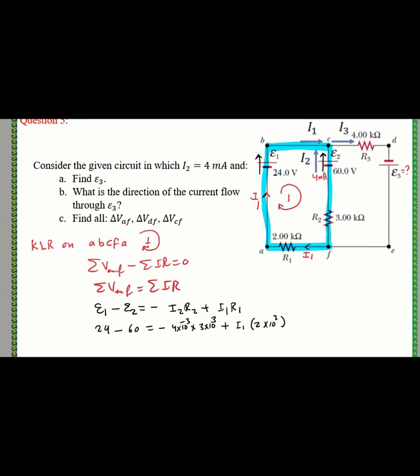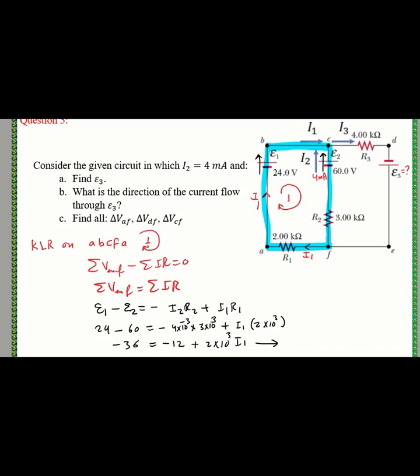Now solve this equation. 24 minus 60, it is minus 36. 10 to the power minus 3 with 10 to the 3, 1. 4 times 3, it is 12, minus 12. Plus 2 times 10 to the 3, I1.